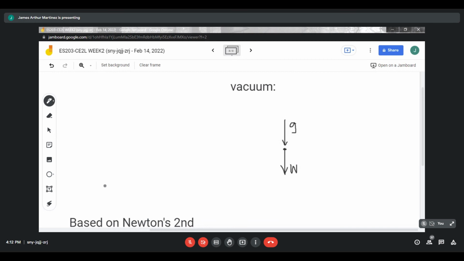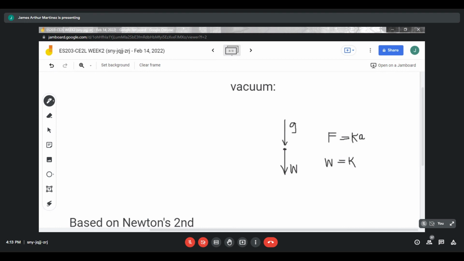And again, based on Newton's second law of motion, the force is directly proportional to the acceleration. So we have this F again is equal to K a. So in this case, our force acting on it is its own weight, which is W, equal now to some constant of proportionality K, and then acceleration.